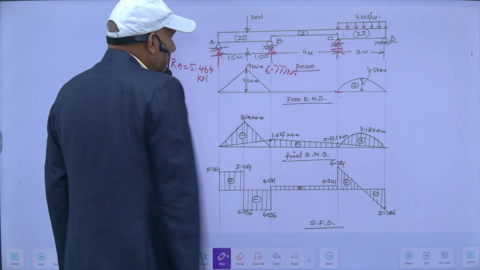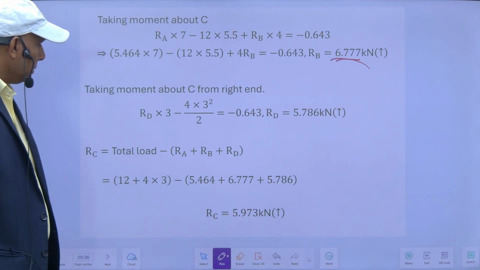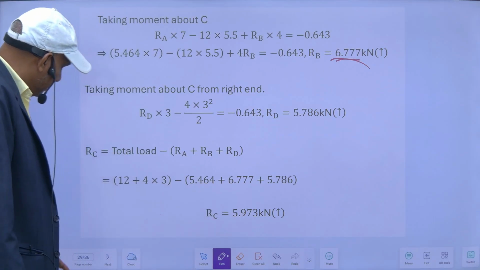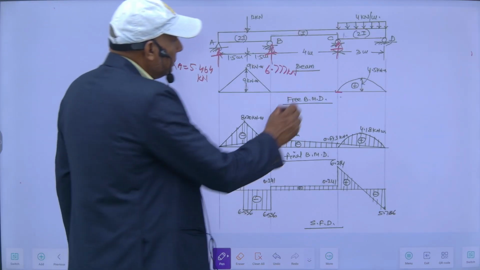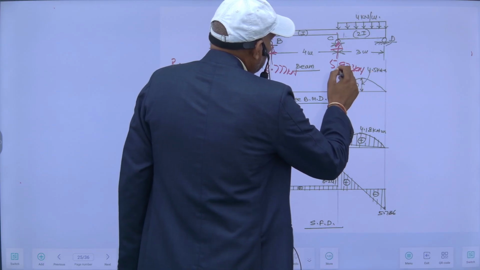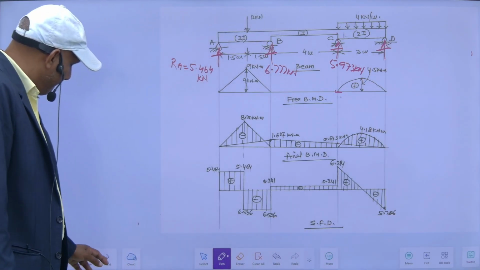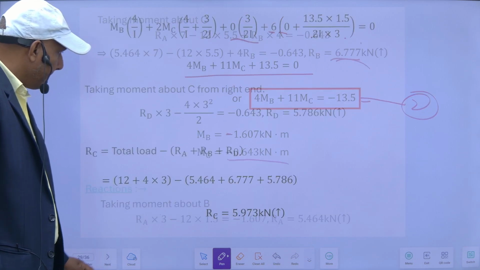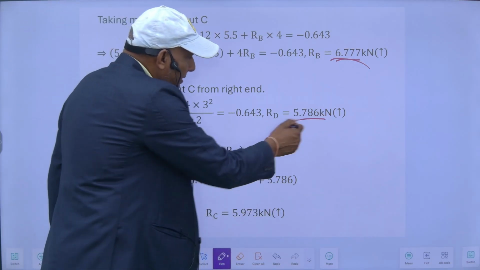RC is equal to 5.973 kilonewton, and this RD is equal to 5.786.